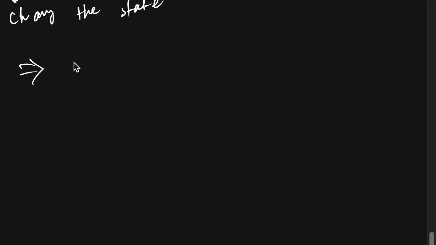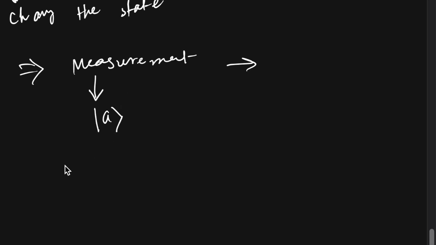The measurement always changes the state after being performed. But the only exception, when the measurement does not change the state, is when the state itself is an eigenket of that observable.